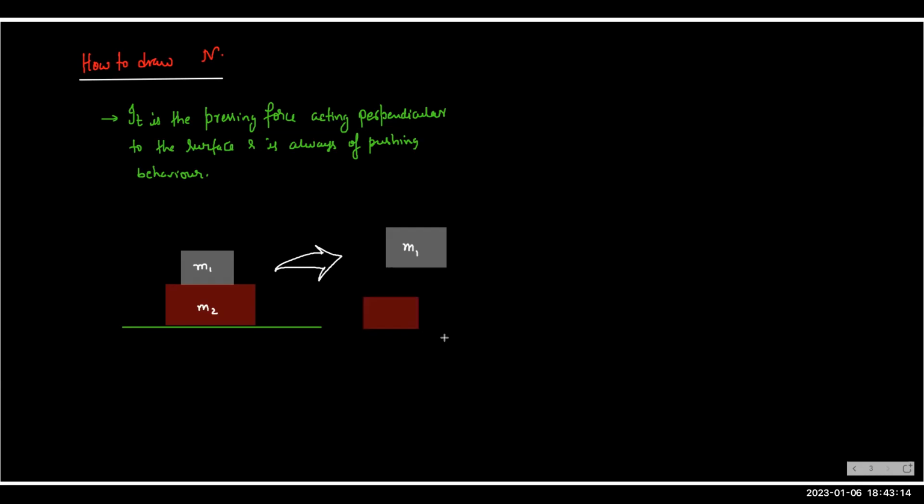Because unless we do this, we cannot see the forces applied by one over the other. Now you're free to draw the normal reaction. So how will the normal act on M1? Will it act upward or downward? Tell me, in which direction will the normal on M1 act? Up.